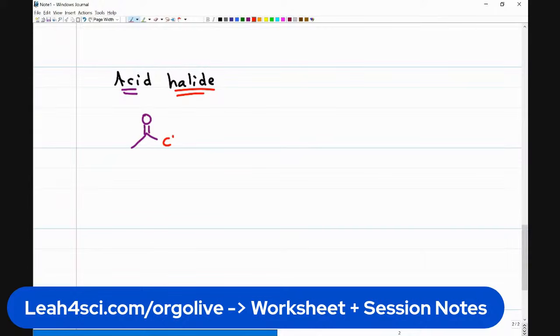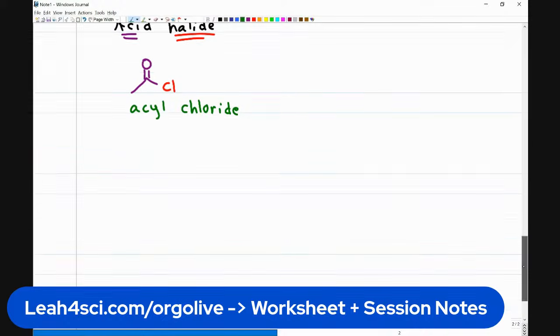And that halogen, for example, Cl, is called an acid chloride. You'll also see it called an acyl halide because this technically is the acyl group. And so this right here is an acyl chloride, specifically as our example for the acid halide.